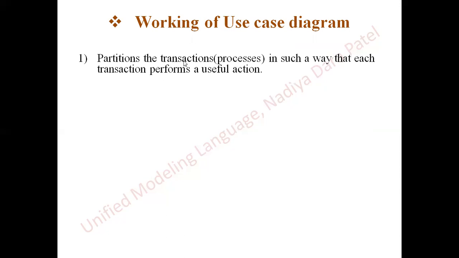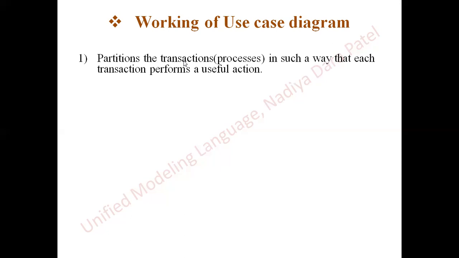Now what is transaction? Transaction is again a process, or you can see a small procedure which requires one input. There is some working going on, there is some transformation going on, there is some manipulation going on, and it gets transformed into the output. So transaction is again a working, or you can say small procedure.